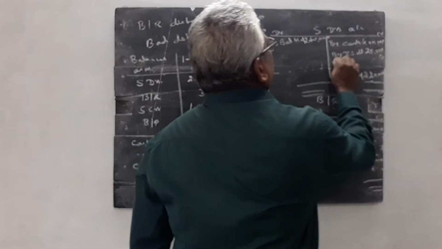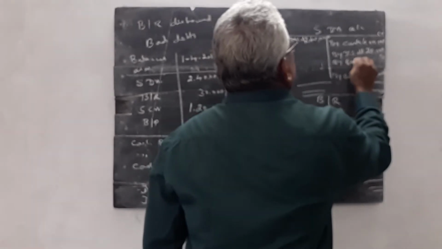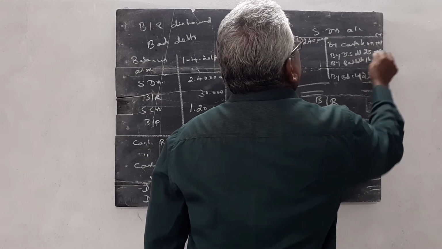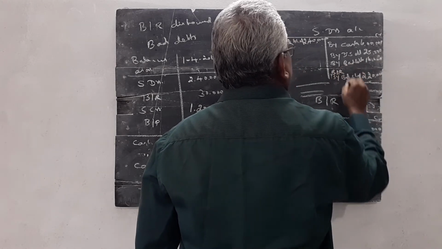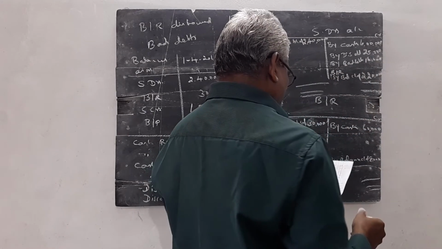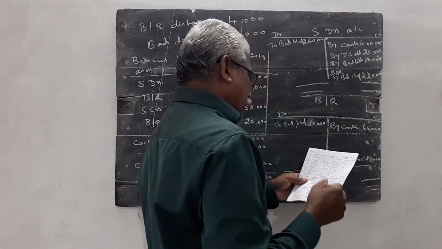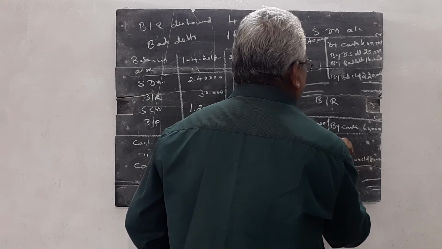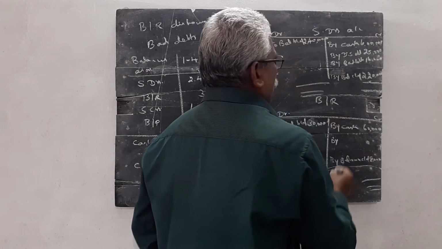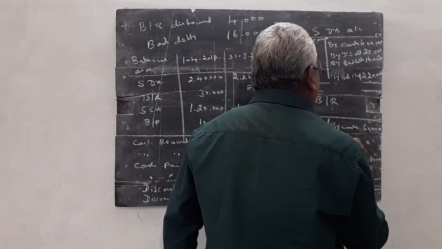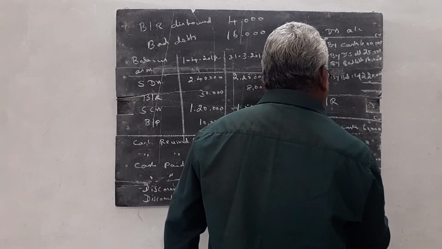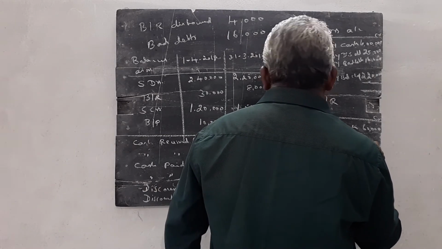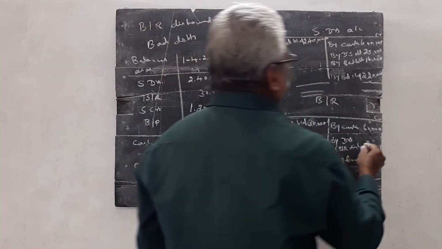Bad debts come here, by bad debts 16,000. Bills receivable dishonor is entered on the debit side of the sundry debtors account, but on the credit side of the bills receivable account, by sundry debtors account, in brackets, bills receivable dishonor. The bills receivable dishonor amount is 4,000.